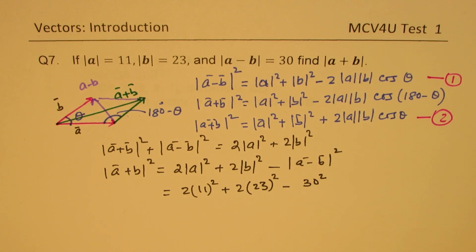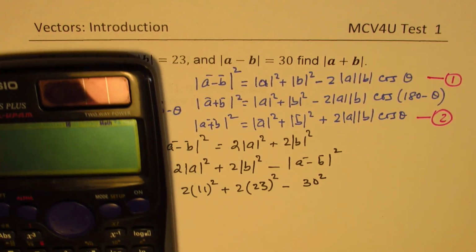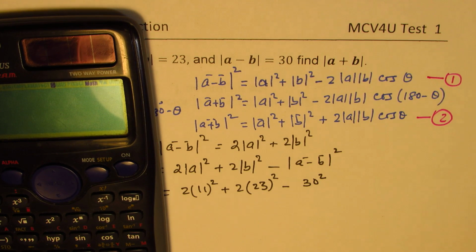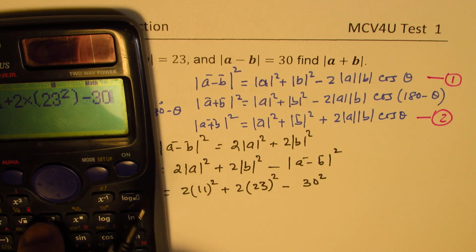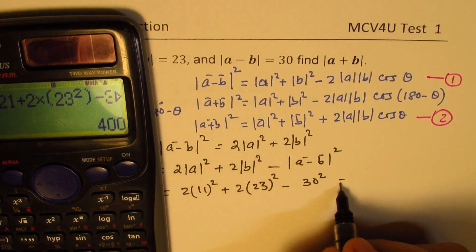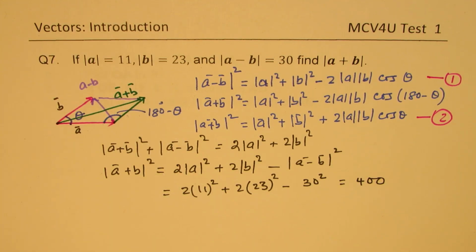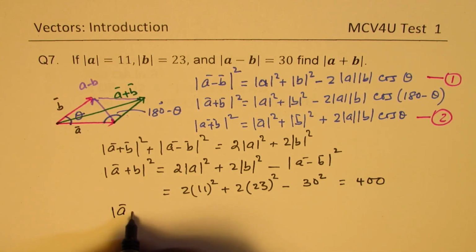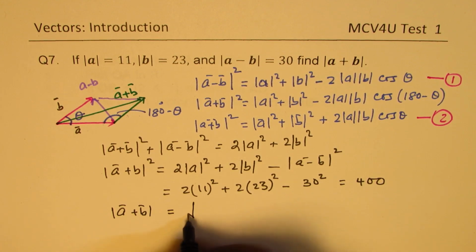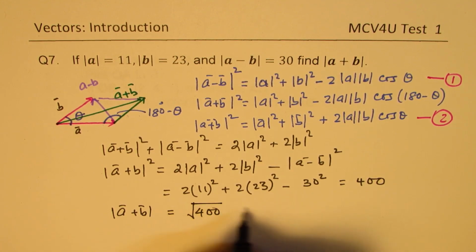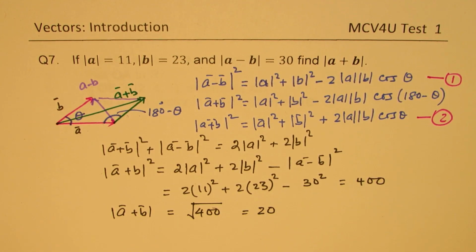So we can calculate this value, which is 2 times 121, which is square of 11, plus 2 times, let's write within brackets, 23 square minus 30 square. So this is 400. So magnitude of A plus B is basically square root of 400, which is 20, correct?